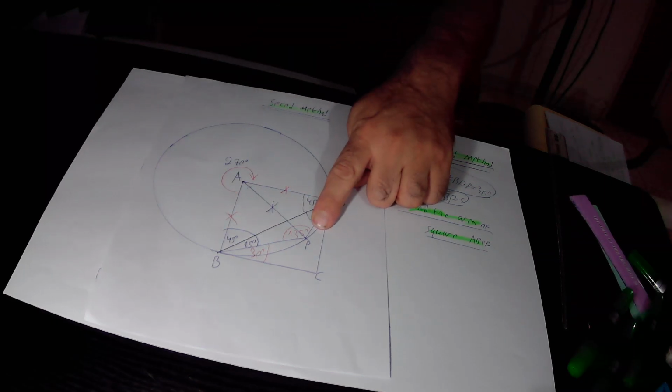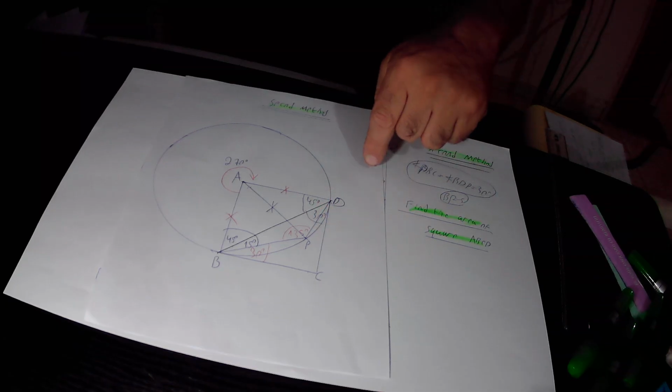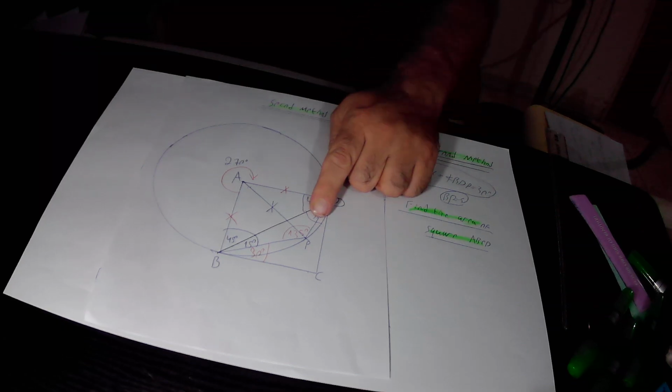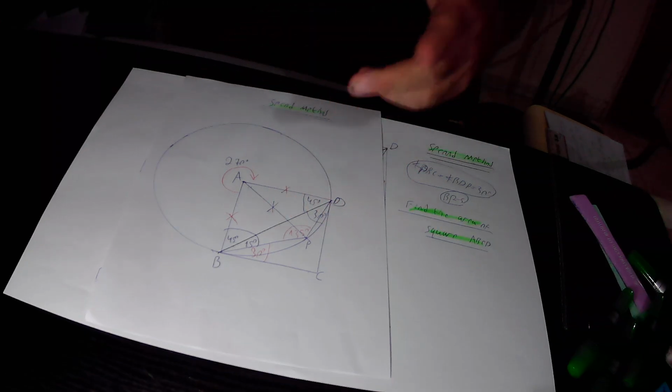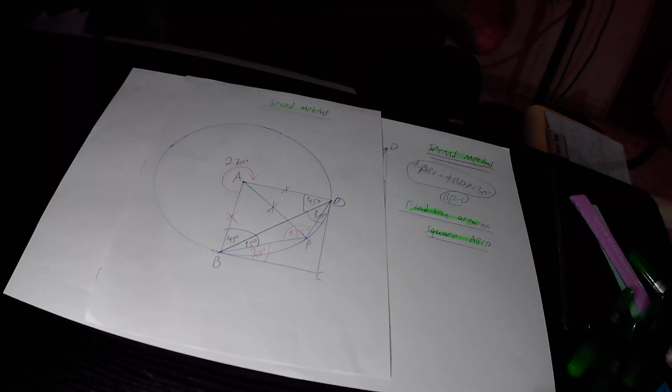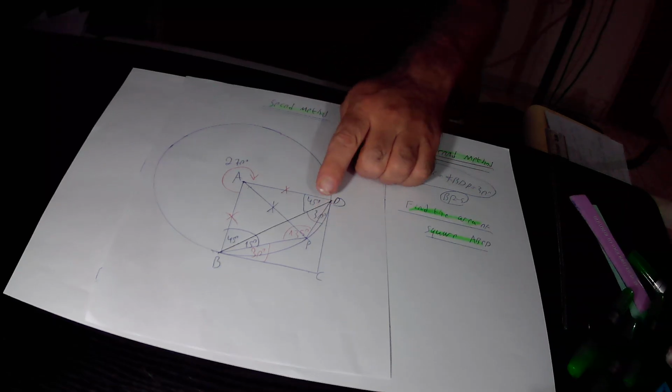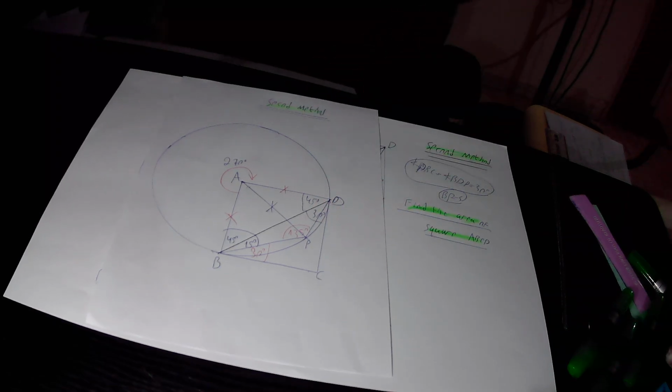So vertex B must be located on the circle itself because DBP is a peripheral angle. So in total, we found out that point P is located on the circle, the circle passes through point P. Point A is the center of the circle, point P is a point on the circle itself, therefore AP is the radius of the circle, equal to x according to our definition.